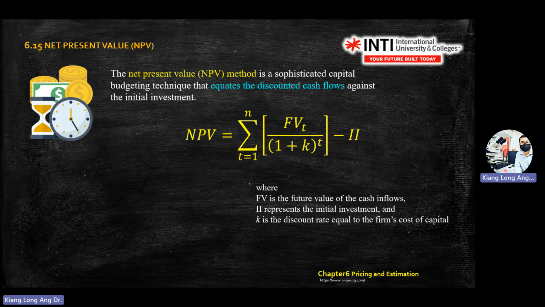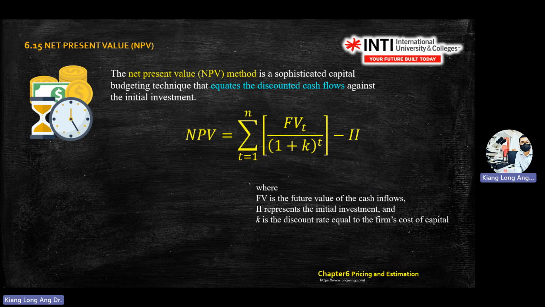So NPV, net present value, equals the sum of future value divided by 1 plus k to the power T, minus the initial investment. I is the initial investment.